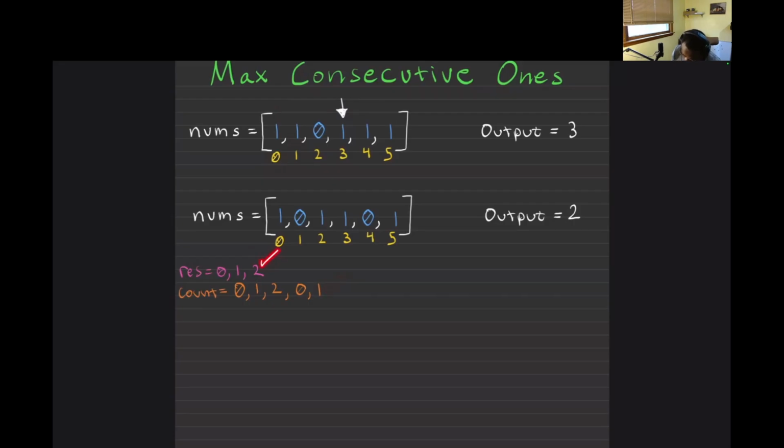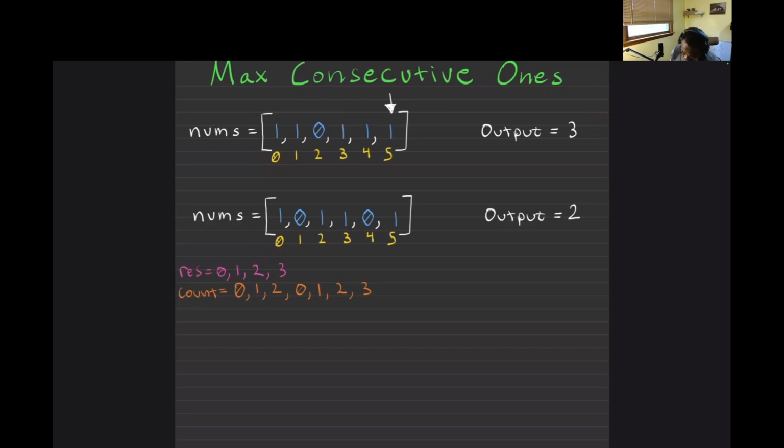It's still 2, right? So no changes there. Then we get here and our count becomes 2. The max stays the same. Then we get here, our count becomes 3, right? And our res now updates to the max between itself and the count, which is 3. And that's the expected output.